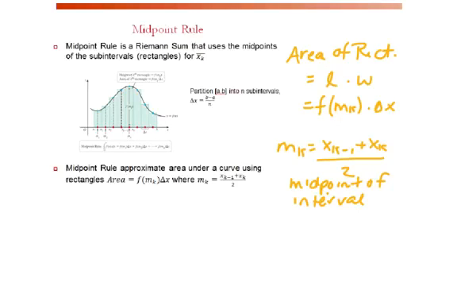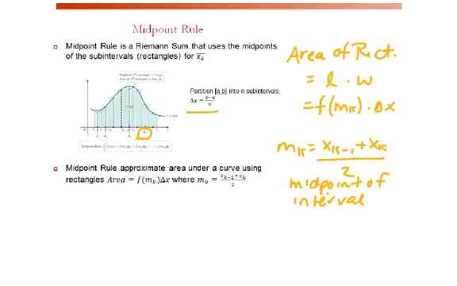So looking at the curve f of x, if you partition it into n subintervals, your width is going to be found, just as we did with Riemann sums, by b minus a divided by n. So that's the width, delta x, of your subinterval.